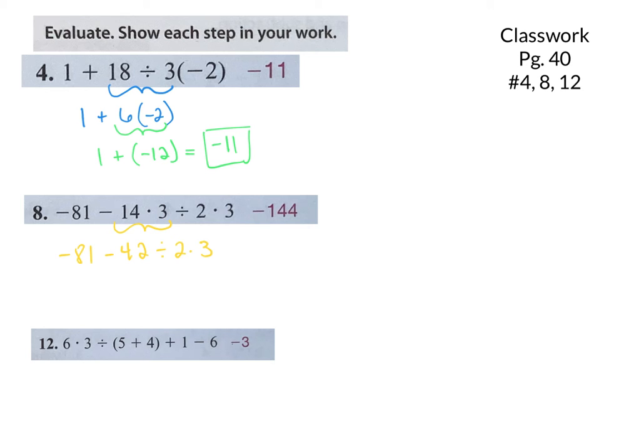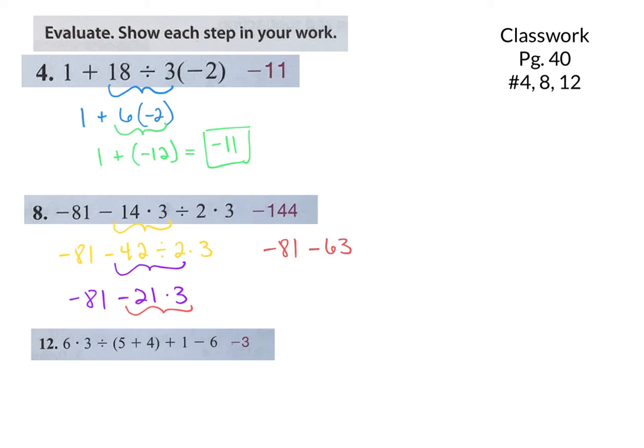Then I am going to do my negative 42 divided by 2. What is negative 42 divided by 2? Negative 21 times 3. Then I'm going to do one more multiplication here. I have negative 81, and then I have negative 21 times 3, which is what?